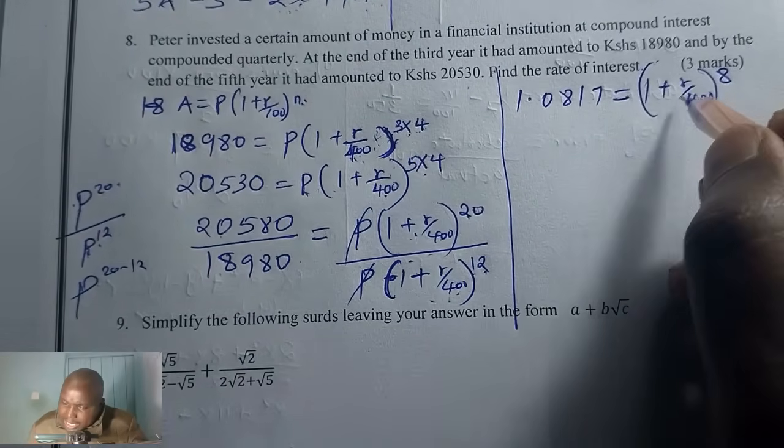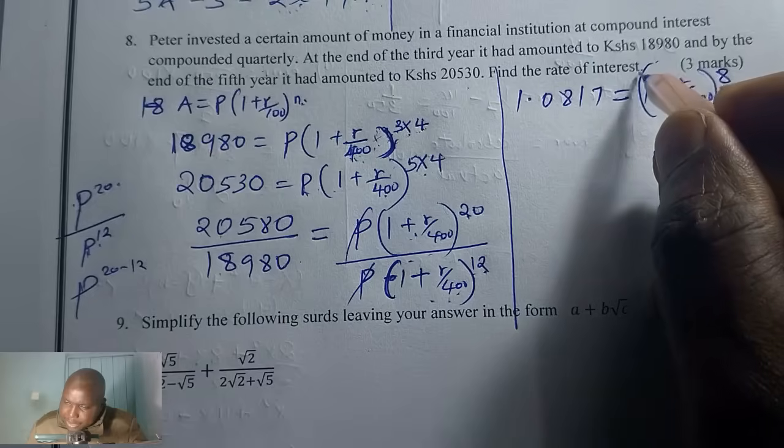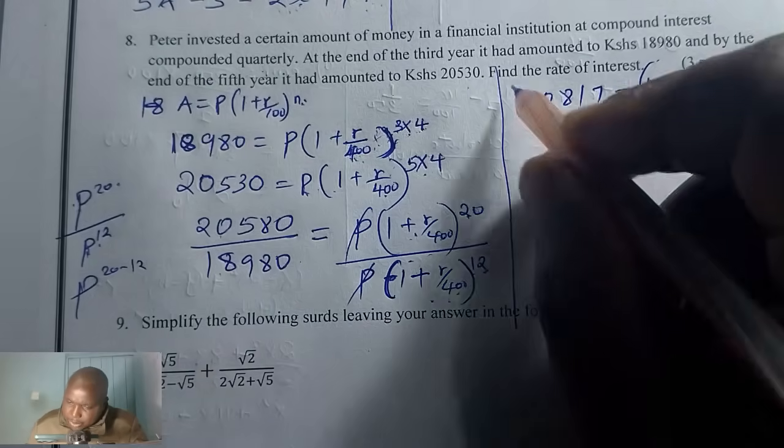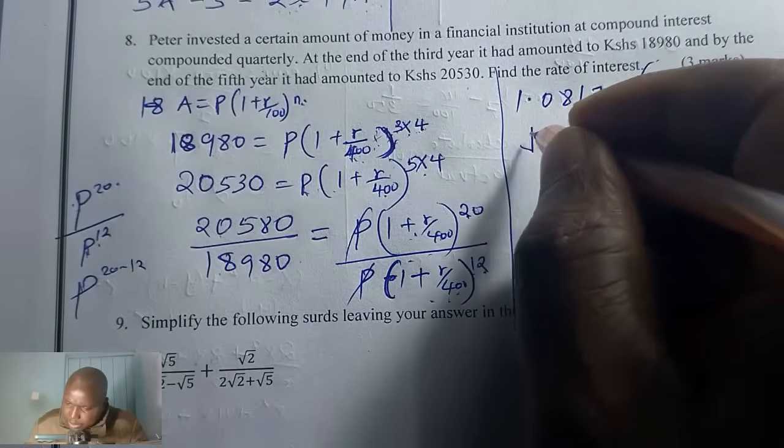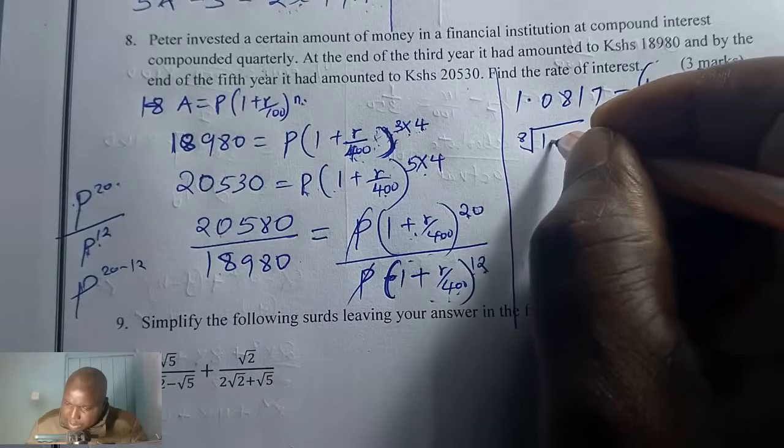Now to get r, you take the 8th root of both sides. So we get the 8th root of 1.0817.